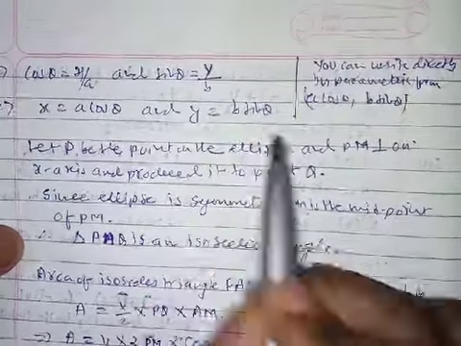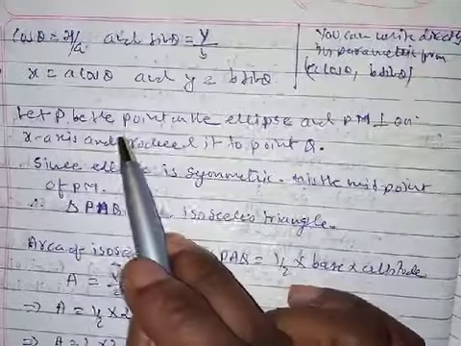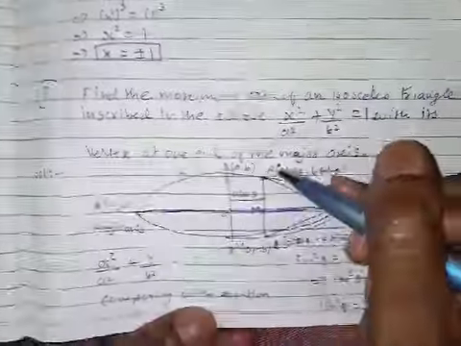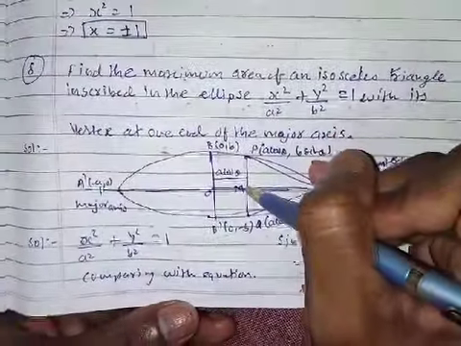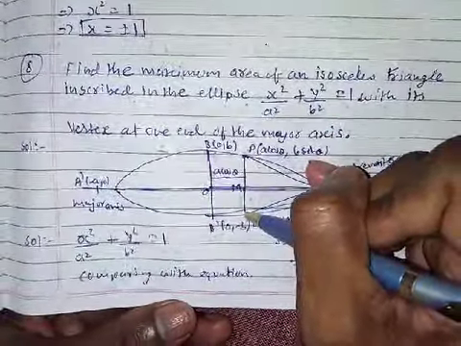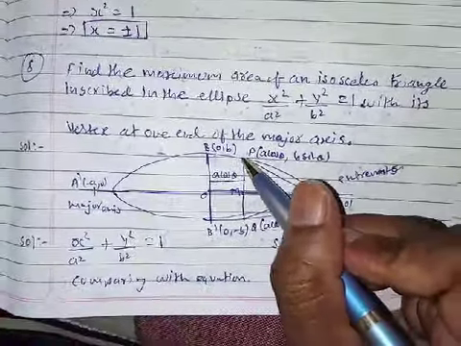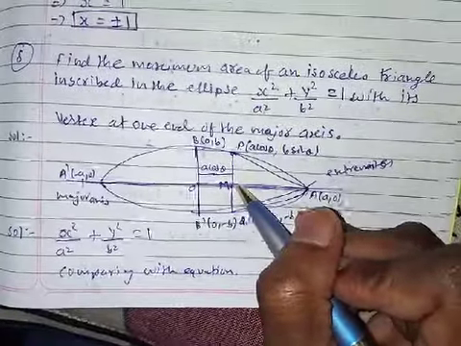Okay, fine. Let P be a point on the ellipse and PM be perpendicular to the x-axis. P is a point and PM is the perpendicular. Let it go and intersect the other side at point Q. So what will be the coordinates? This represents the x.